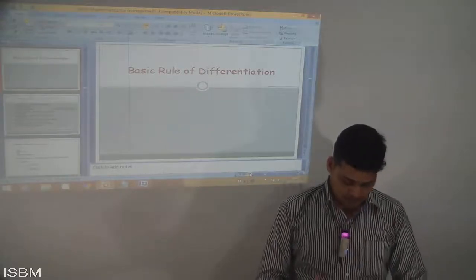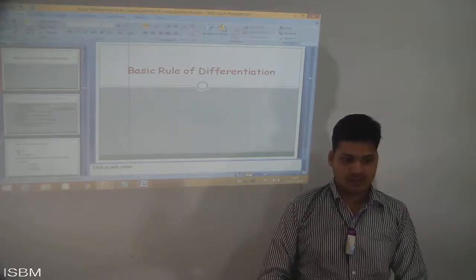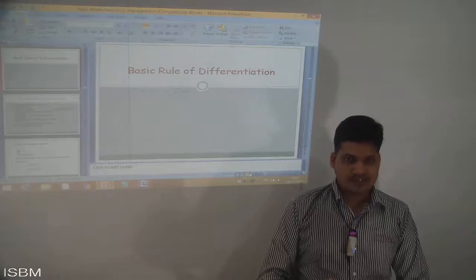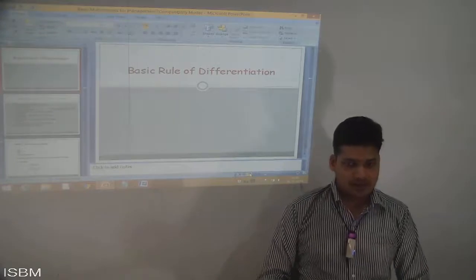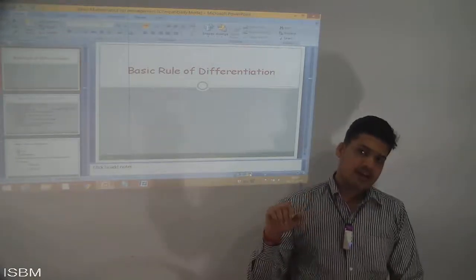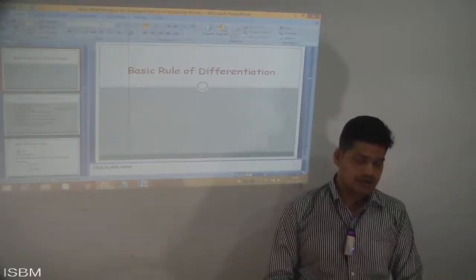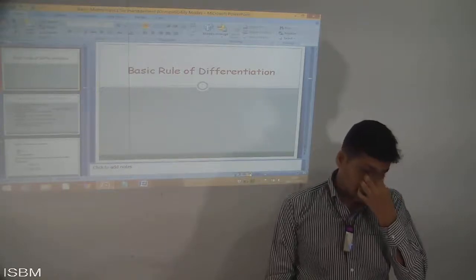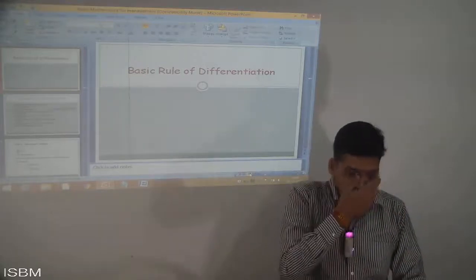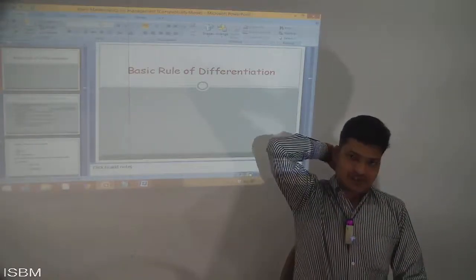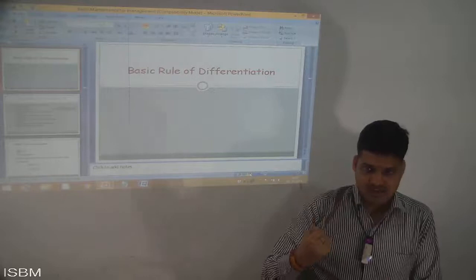Then we have learned the union, the intersection, the bar, which is not equal to, B bar, the difference of sets A minus B, then the exhaustive set and exclusive set, and then the null set. So this much we have learned till now.